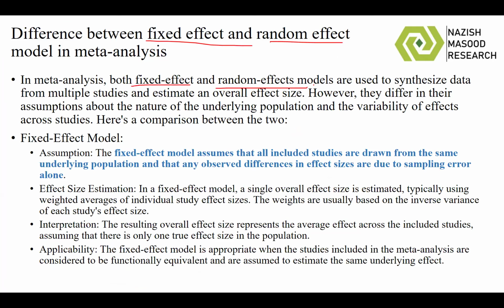With that being said, what is the difference between fixed effect model and random effect model? Both are used to synthesize data from the studies. However, there is a difference. The assumption in fixed effect model is that all the included studies are drawn from the same underlying population, and that any observed difference in the effect sizes is due to sampling error. They're not due to the population itself.